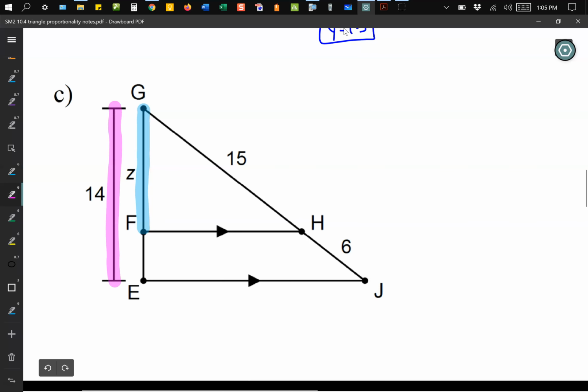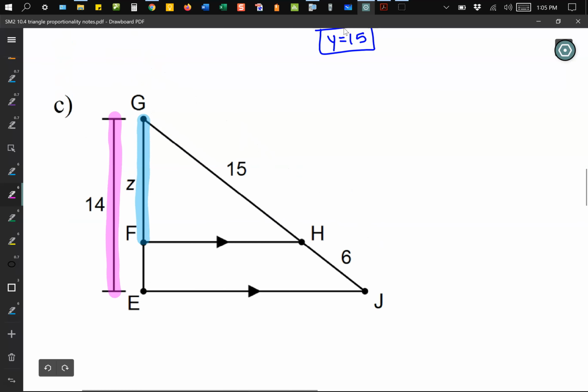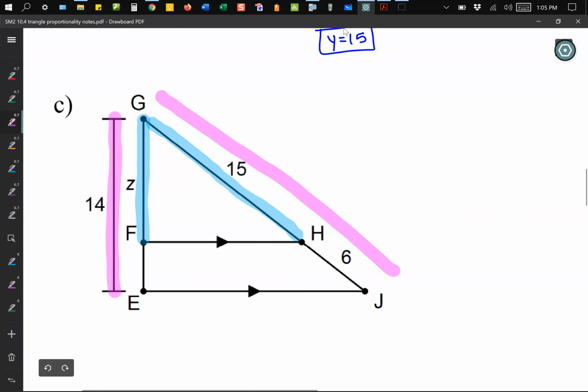So in order to match up on the right, what I need to have are the big piece and the whole side. So I need to think about, well, how long is the whole side? I've got the big piece is 15 and the little piece is 6. So the whole side is going to be 15 plus 6, which will give me 21.